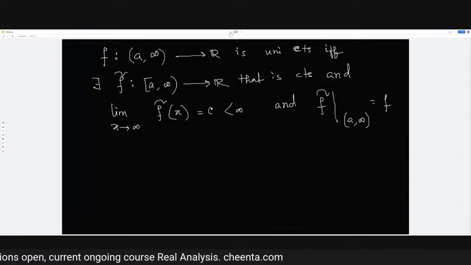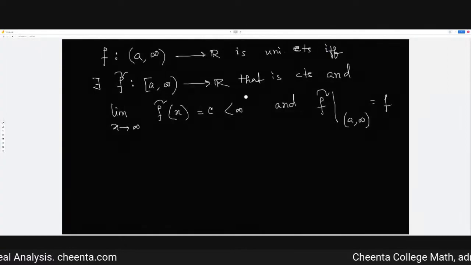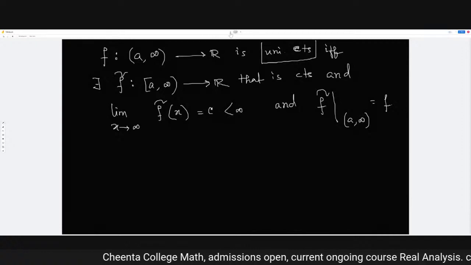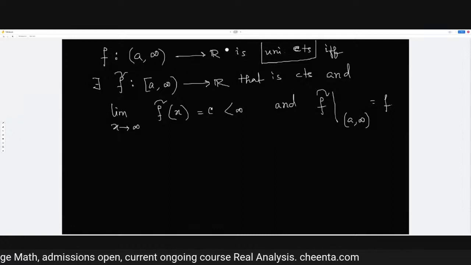If I take these two extension theorems together, this is precisely what we will have as a uniform continuity criterion for functions going from open intervals and closed intervals.